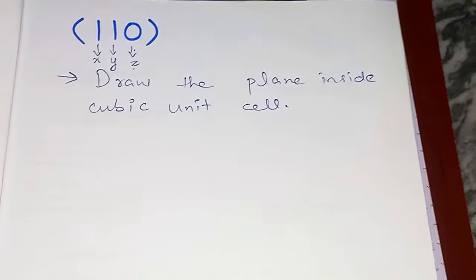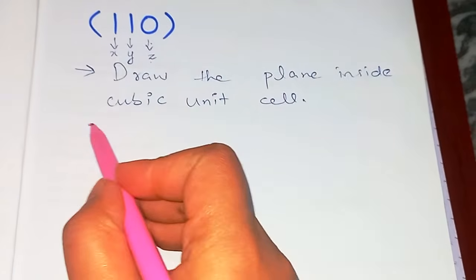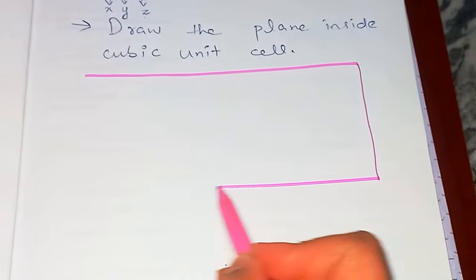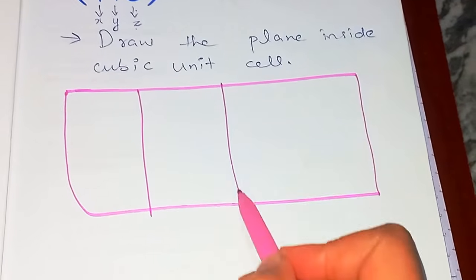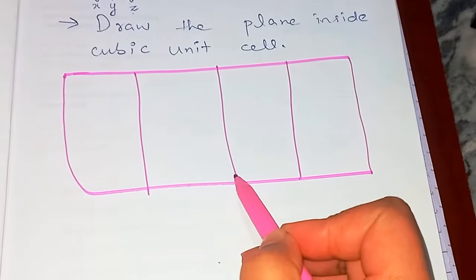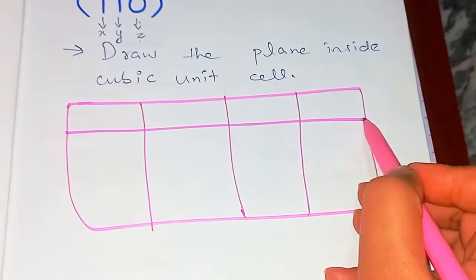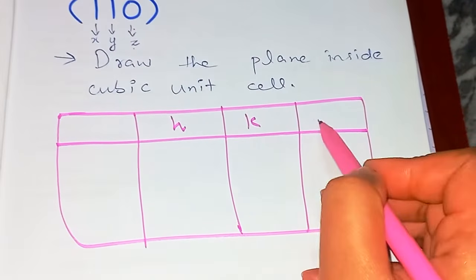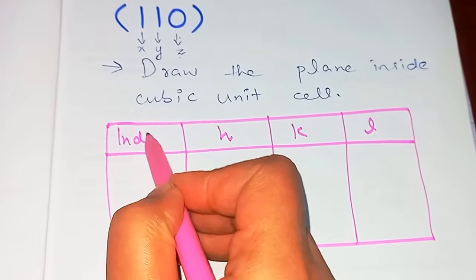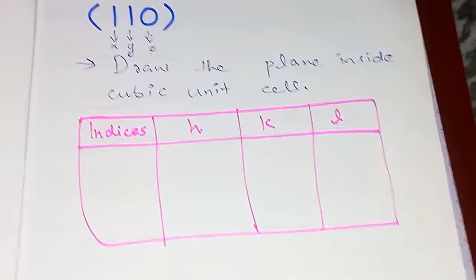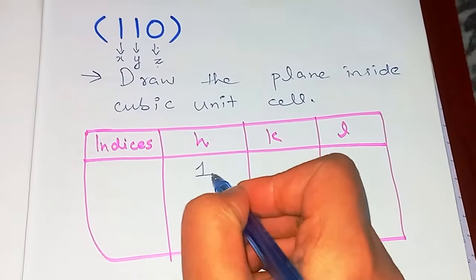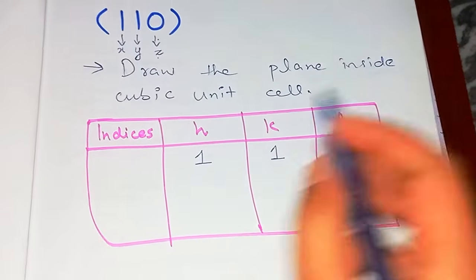So let's calculate these intercepts first, and I always do it in tabular form because it looks presentable when you are doing it in an exam, so that you may be able to follow it easily. This is H, K, L, and here we are writing the indices of the plane which we wish to draw. First index is 1, second is 1, third is 0.